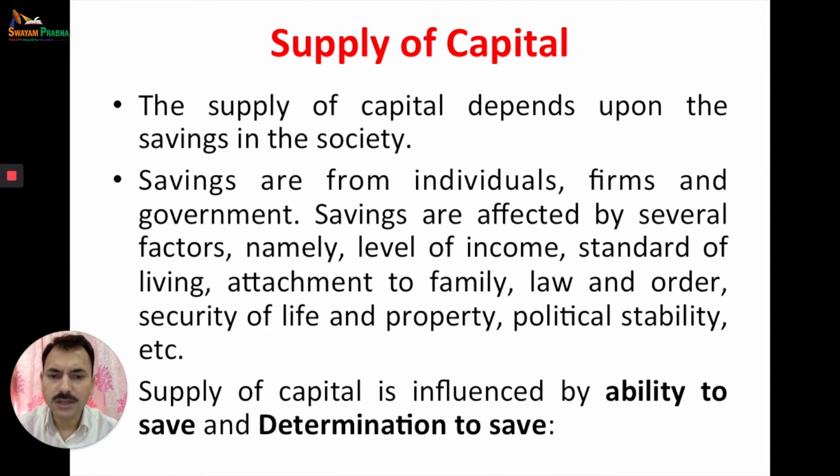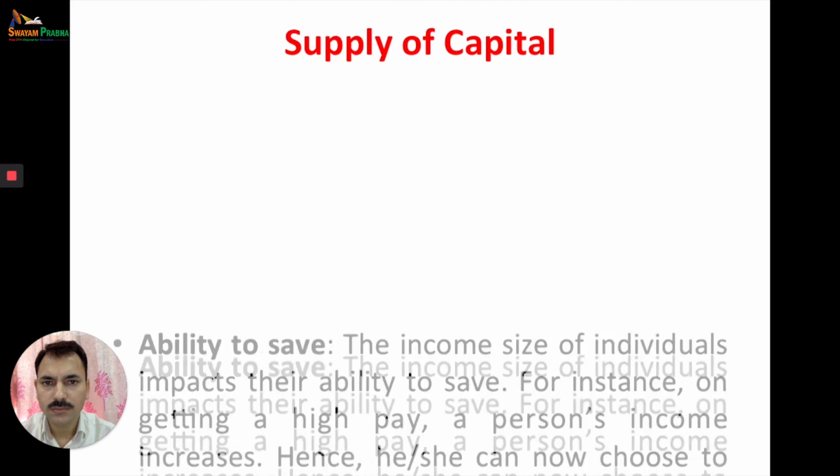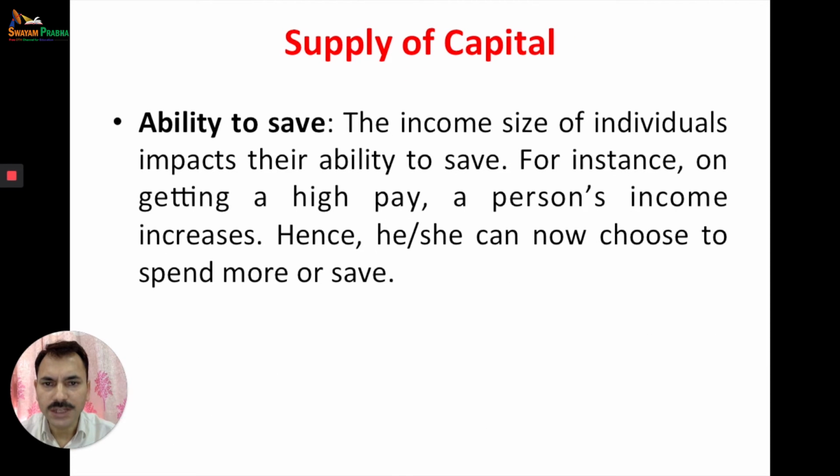Supply of capital is influenced by two factors. One is ability to save and the other is determination to save. Ability to save means the size of income impacts the ability to save. For example, on getting a high pay, a person's income increases and she can now choose to save more.